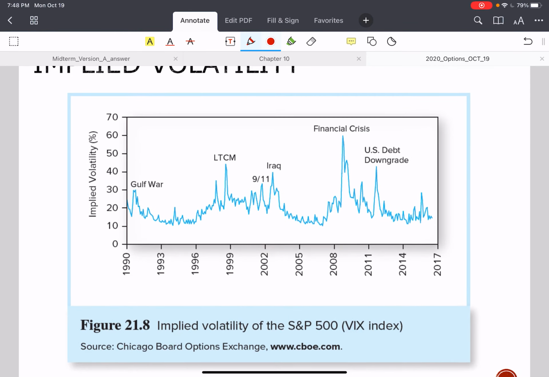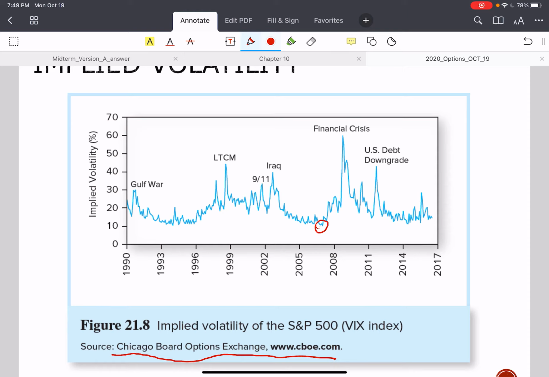So this is the data of the VIX index taken from CBOE. Right? CBOE is the short name for Chicago Board Options Exchange. So what you can see here is normally the VIX can be as low as 10, but when the market was in distress, the VIX can actually explode, right?